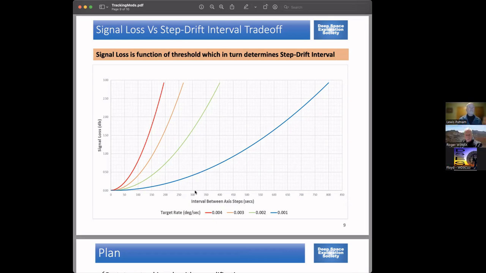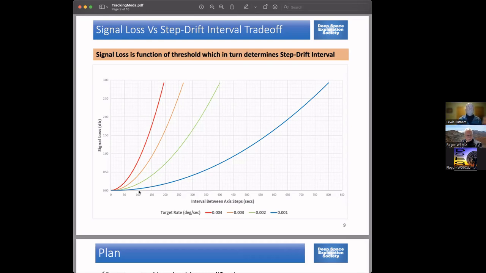For instance, a 1 dB signal loss, come across till you hit the 0.004 degrees per second and drop down. That's 110 roughly.